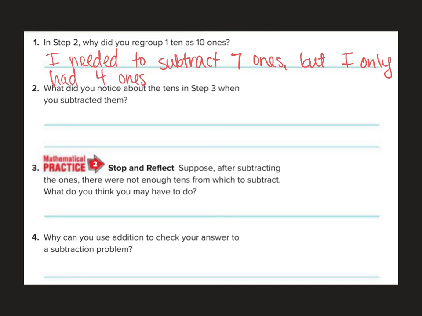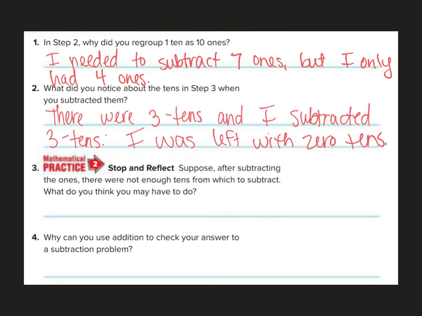So when I regrouped, then I had 14 and I could take away 7. What did you notice about the tens in step 3 when you subtracted them? There were 3 tens and I subtracted 3 tens. And then when I take 3 minus 3, I'm left with 0 tens.